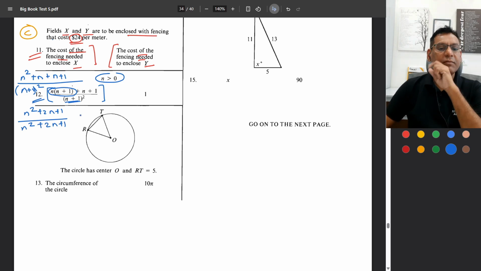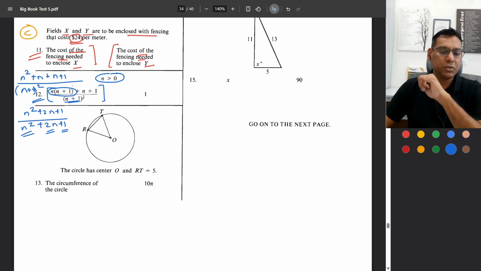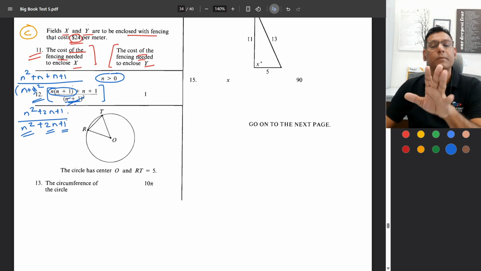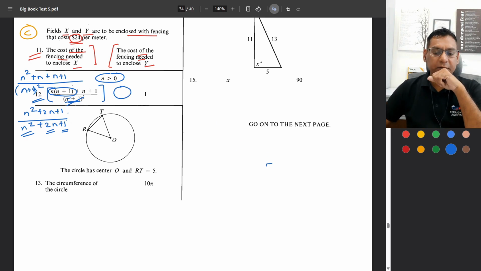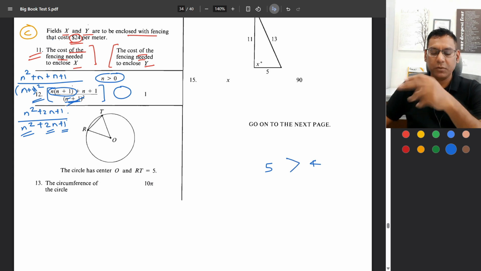So essentially everything will cancel out because n is greater than 0, correct? So this is a positive quantity, this is a positive quantity. Positives by positives I can always cancel without the comparison changing, right? What I mean by that is, if I have 5 and 4, 5 is greater than 4, right? If I divide by a positive number, 5 by 2 and 4 by 2, the comparison remains, because 2.5 is greater than 2.